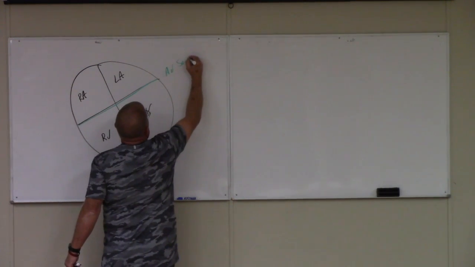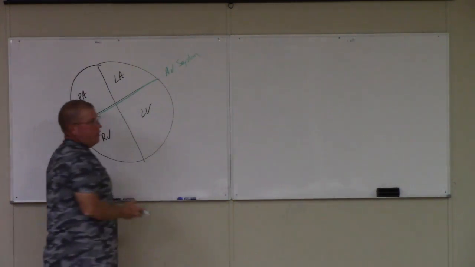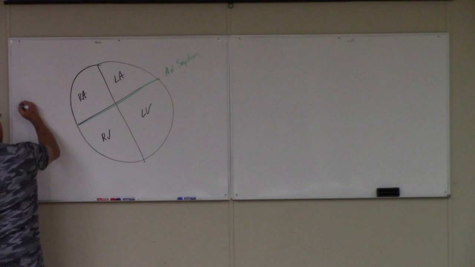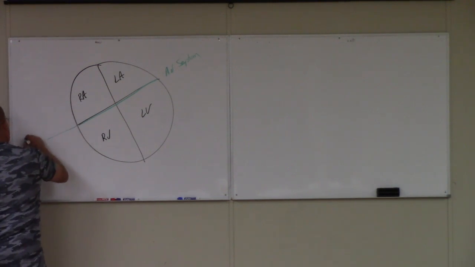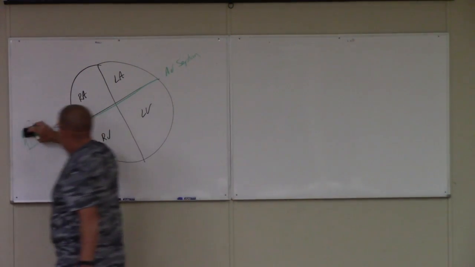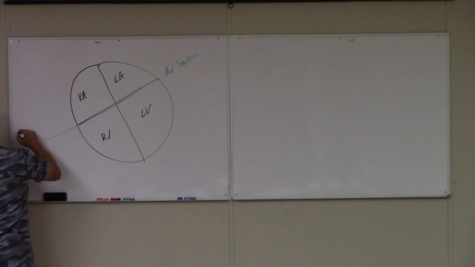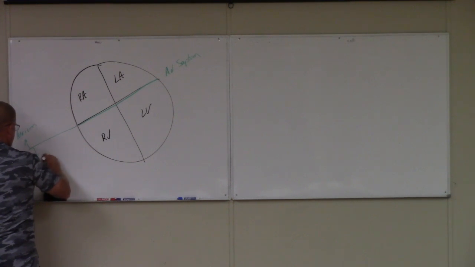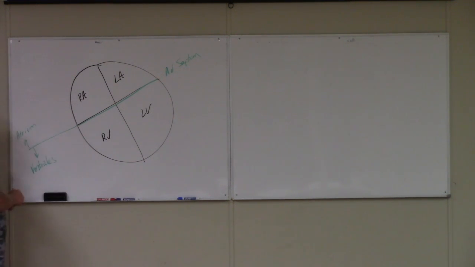What does AV stand for? Atrioventricular. So I'll just write over here above this line, that's the atrium. And below this line is the ventricles. That could be very important in a minute to understand that concept, okay?